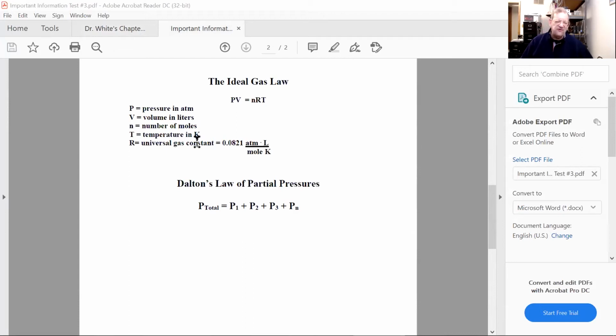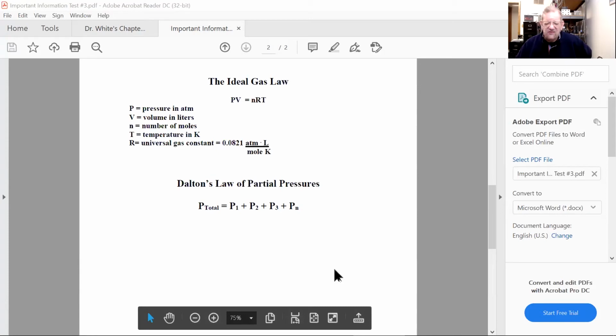Common mistake, students put in Celsius. I want to say the old name centigrade, because that's what I was brought up with. But anyways, I corrected myself. So make sure, it's important, that you use the proper units for PV equals nRT.